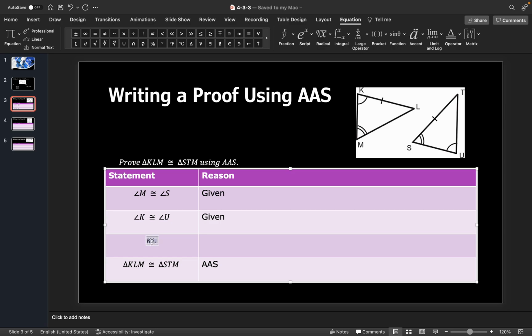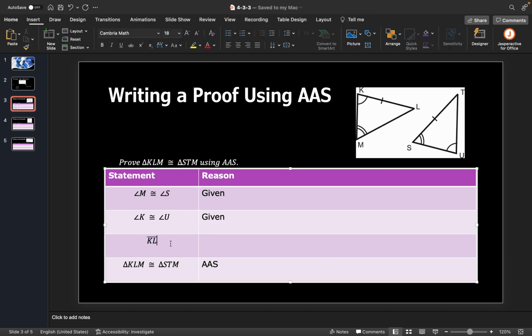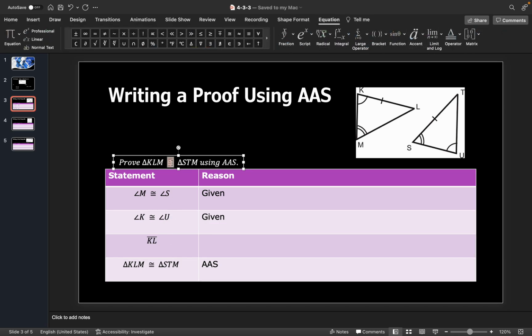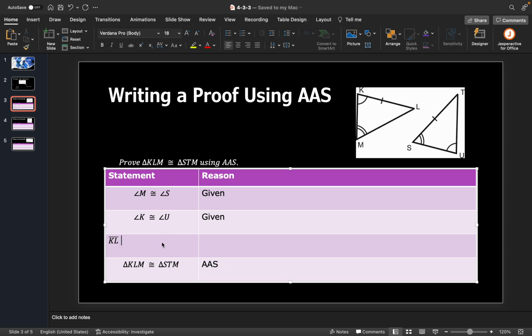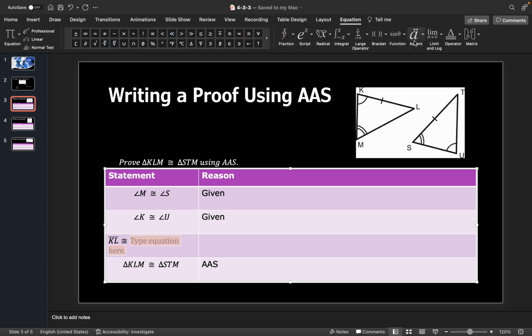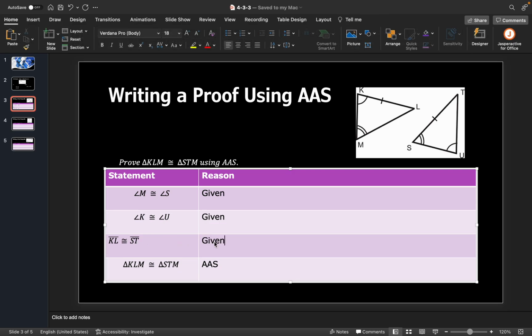KL is congruent to ST. I also know that because it's given in the picture as well. Look at that congruent symbol. And there you go. I have proved it. Once I fill in all my boxes here, and I know that this is an angle, and this is an angle, and this is a side, I have proved it by angle, angle, side.